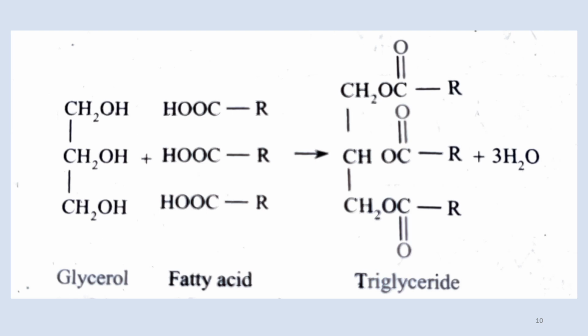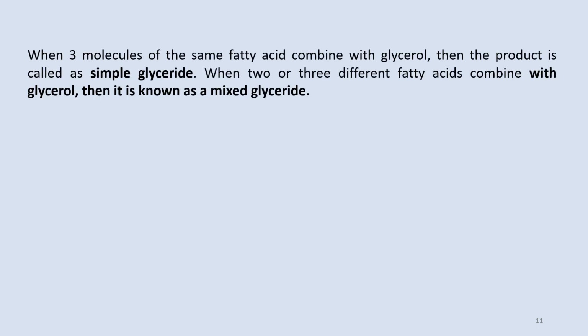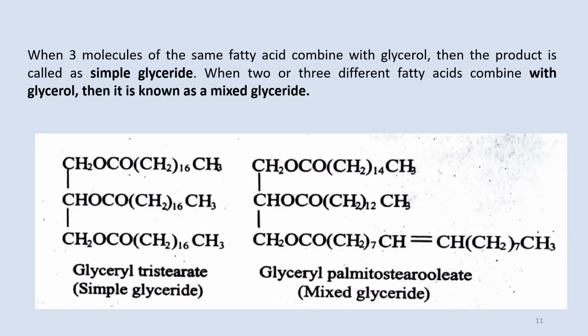You can see the formula very clearly. When three molecules of the same fatty acid combine with glycerol, the product is called a simple glyceride. When two or three different fatty acids combine with glycerol, it is known as a mixed glyceride. You can see there are two examples.